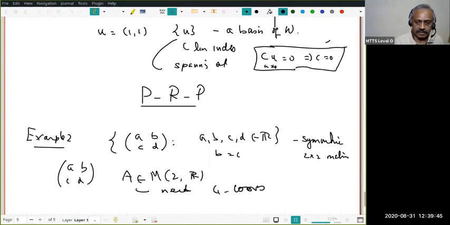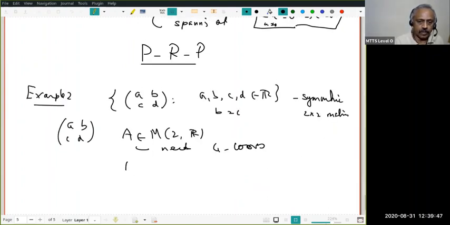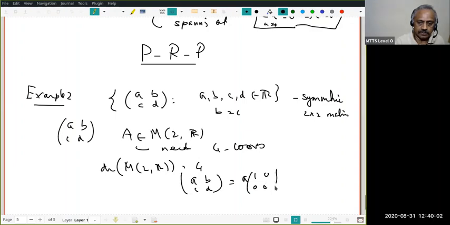You understand that? Therefore, the dimension of M2(R), I should suspect, should be 4. That is very easy because I can write (A, B; C, D) as A times (1, 0; 0, 0) plus B times (0, 1; 0, 0), etcetera, plus D times (0, 0; 0, 1).